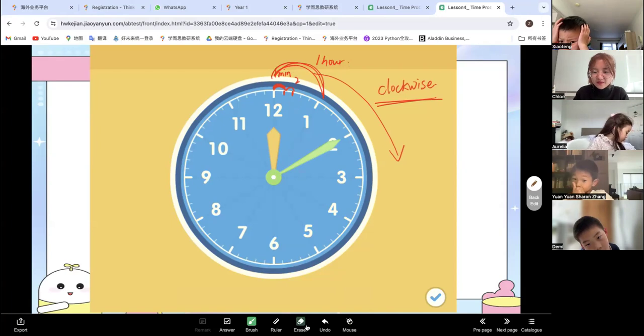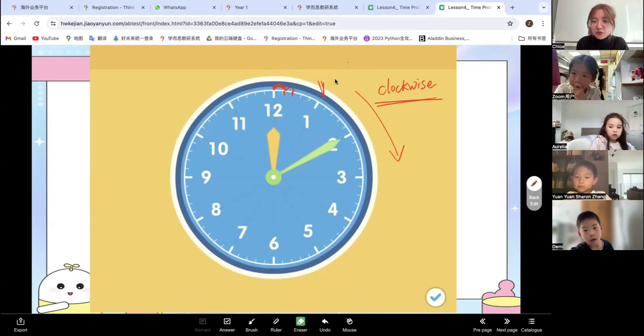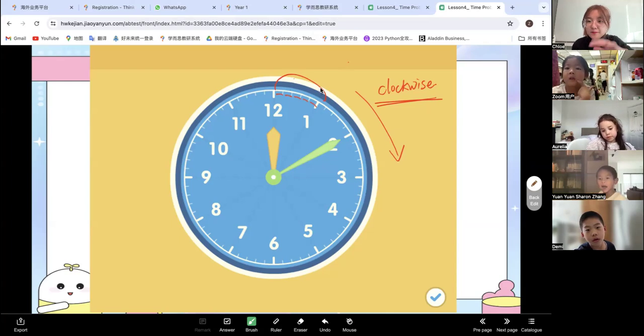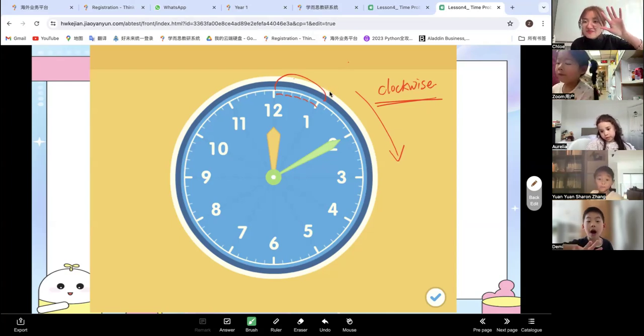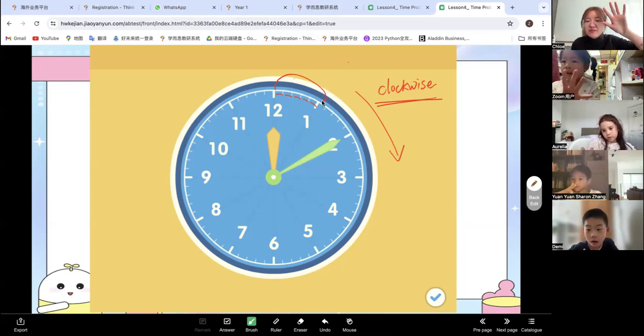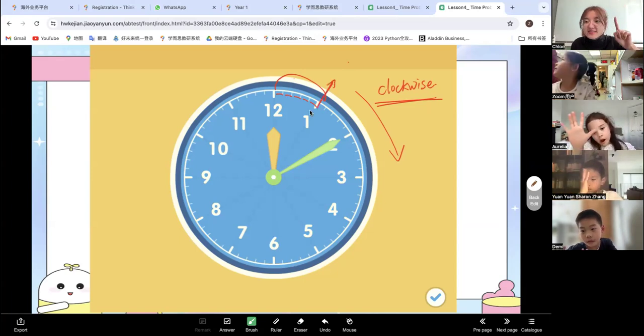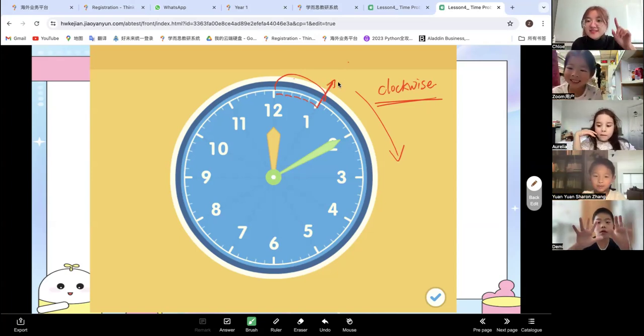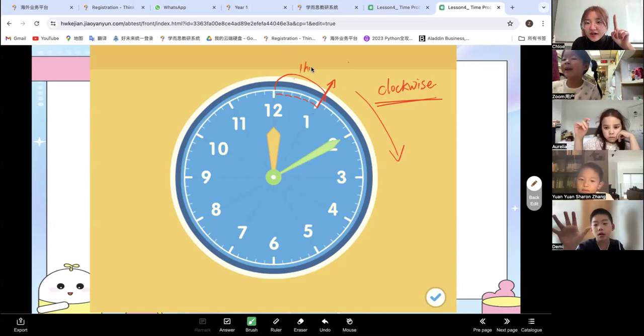Okay, everyone. So now let's see between each two longer lines, we have 1, 2, 3, 4, 5 little gaps. So 5 smaller gaps will represent how many minutes? Can you show me? Yeah, 5 minutes. Very well done. So it means number 1 will represent 1 hour.